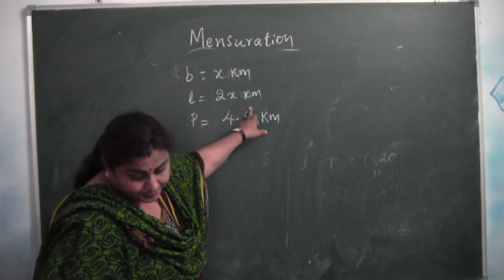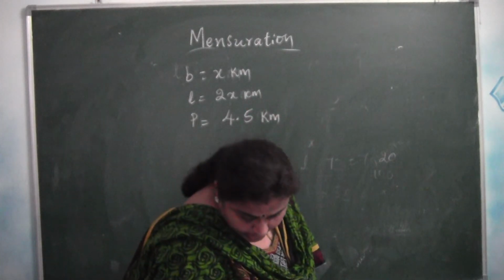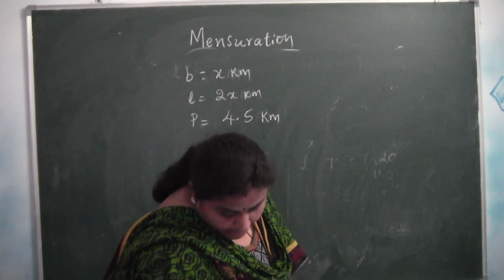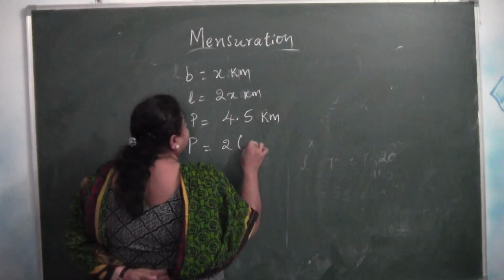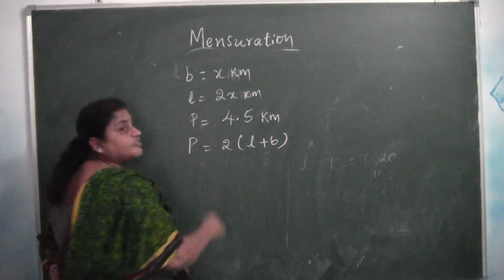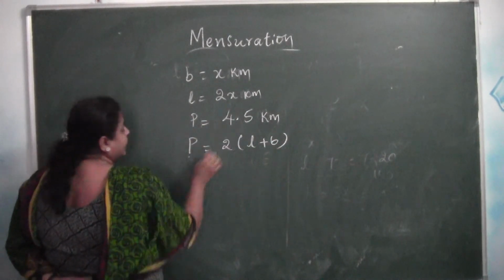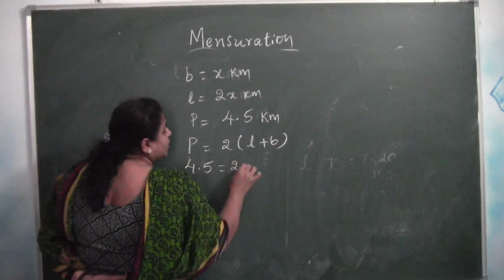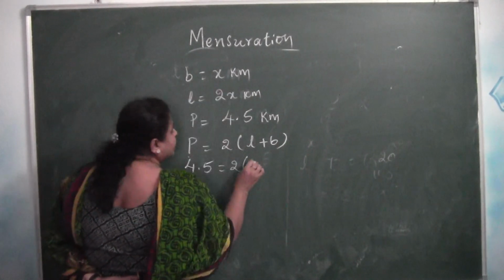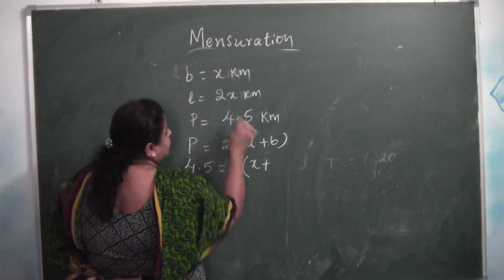Alright, now let us take the perimeter formula, 2 into L plus B. What is the perimeter they gave? 4.5 is equal to 2 into what is the length, children? x plus 2x.